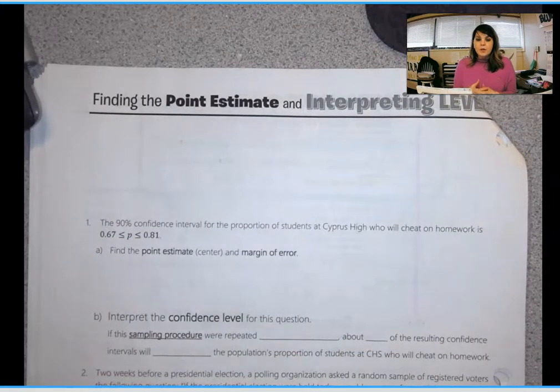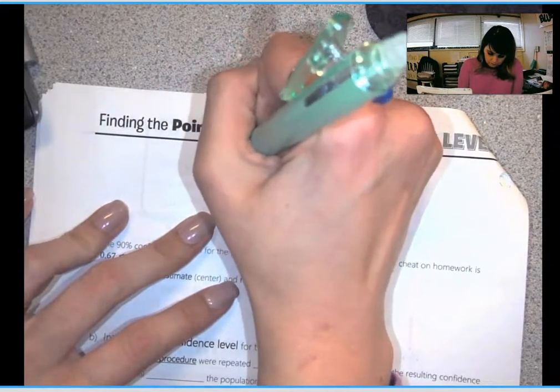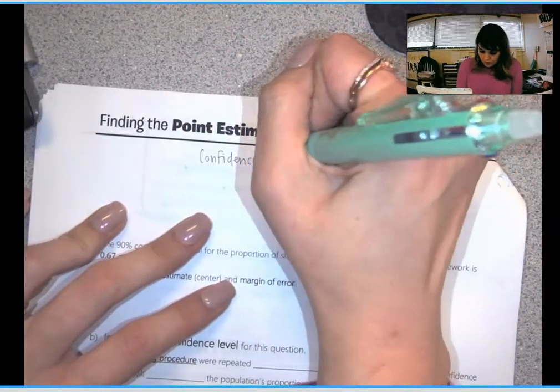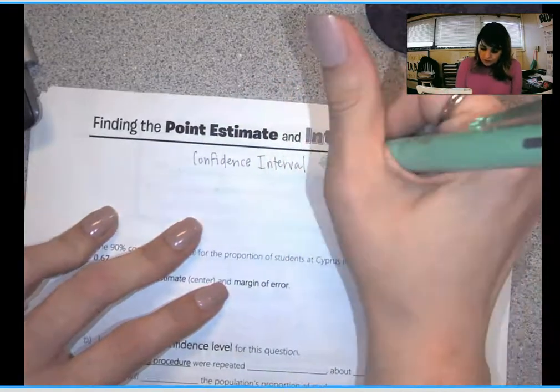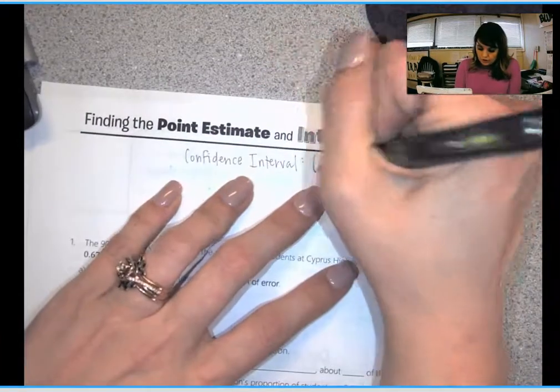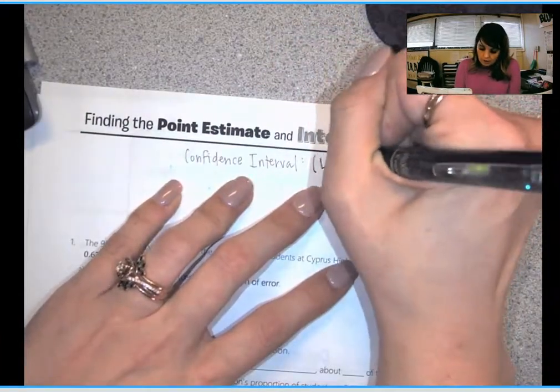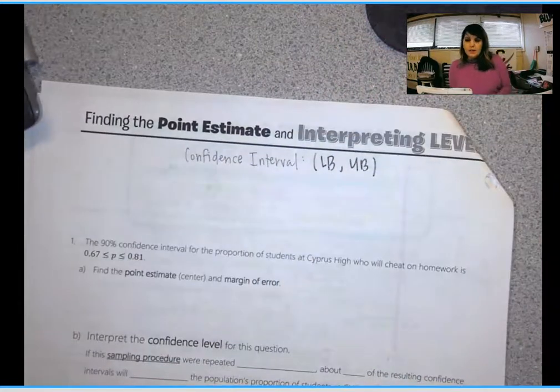So for finding the point estimate, we need some formulas. Our confidence interval will be written as a range of values. So we'll just use the notation lower bound, comma, upper bound. So LB and UB.